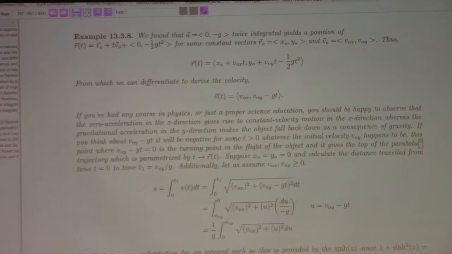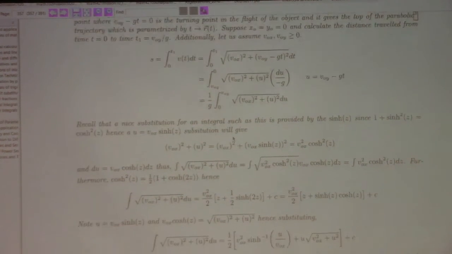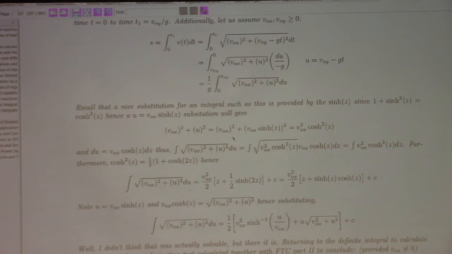We just worked a specific case of that over here. To calculate the arc length, I have to integrate the speed, which here is just that, which gives me this. I make a u substitution, I get to this. And then I make a hyperbolic sine substitution. You can see it's kind of the same integral we're doing over there, just with constants in it. Because I make a sinh substitution, it gets me to this. And then I use that, and there you go.